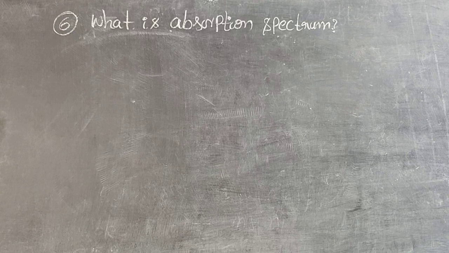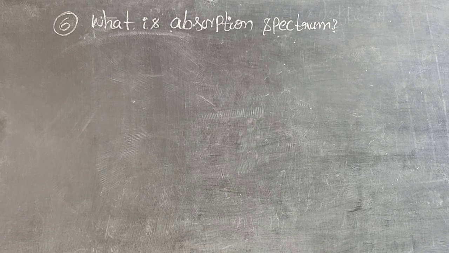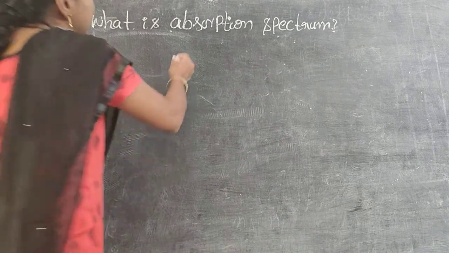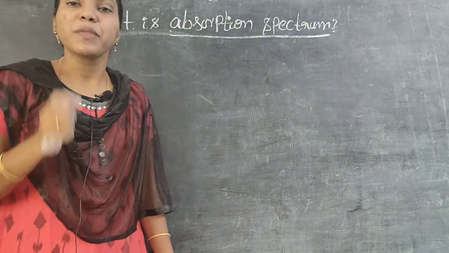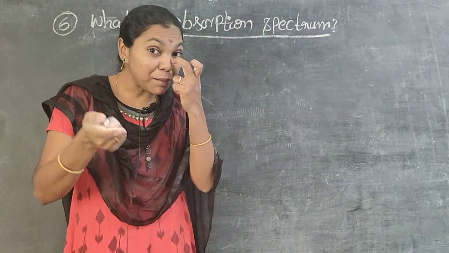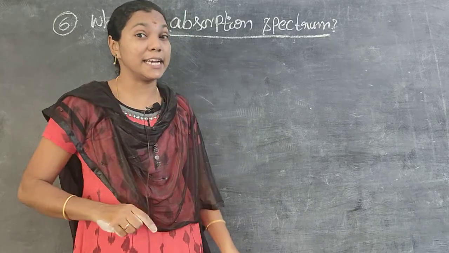Next, the sixth question: what is an absorption spectrum? I already explained it along with the emission spectrum. The absorption spectrum is formed when an electron jumps from a lower energy level to a higher energy level.